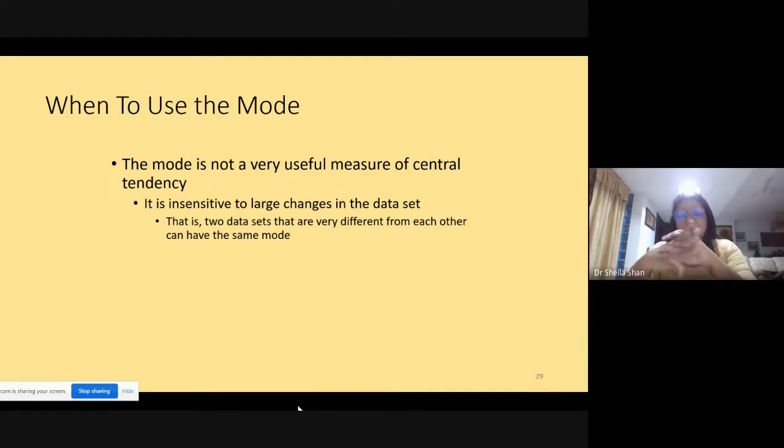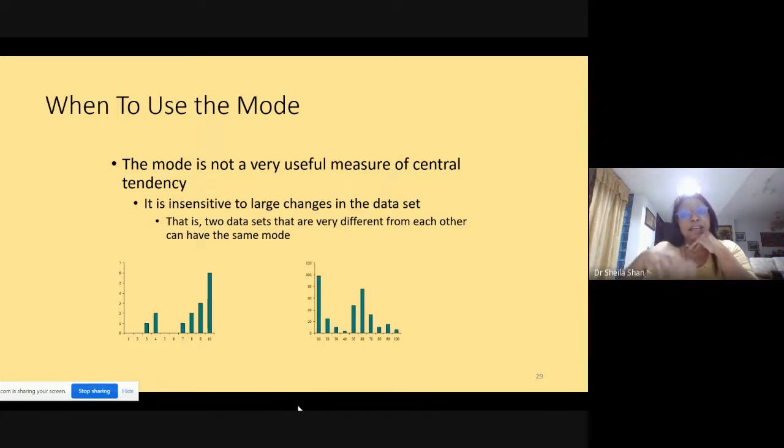What I'm telling you is the theory behind, how to calculate all these values manually. But if you are using a software program, you don't have to worry about all this. You just click in all the data and run it, and you will get your answers. But you must know what mode stands for.